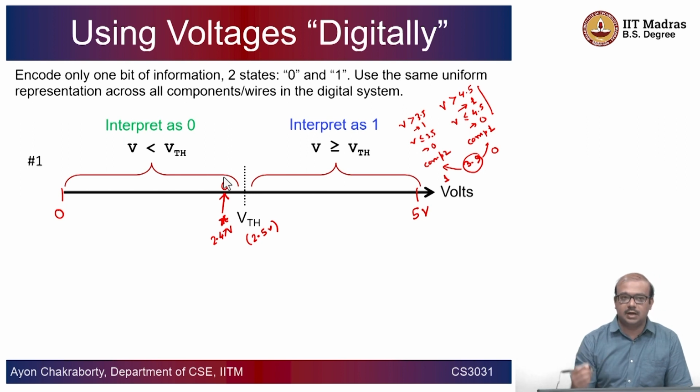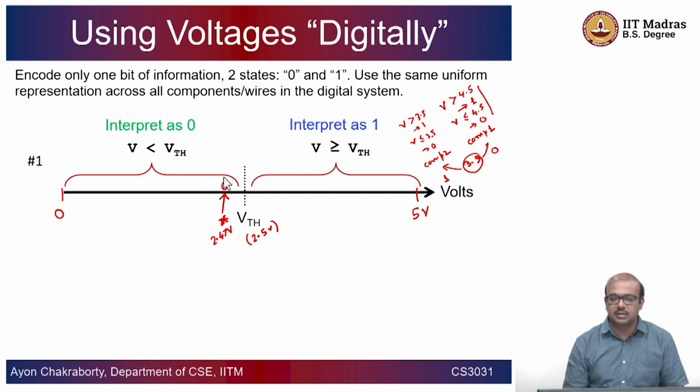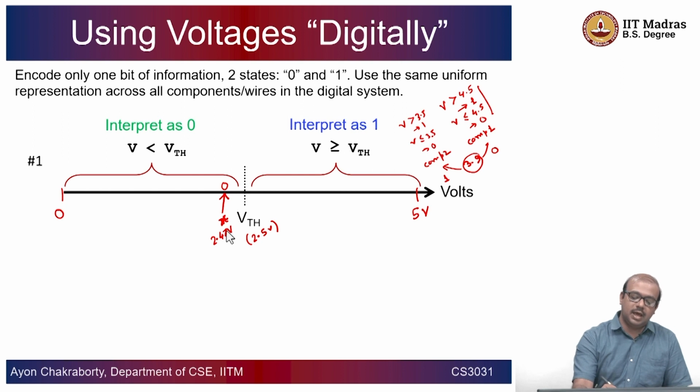But these are real systems, and there will always be some kind of natural noise present that could contaminate this information. So x could easily be contaminated with noise, and that noise could push the value of x to the right hand side of this boundary.